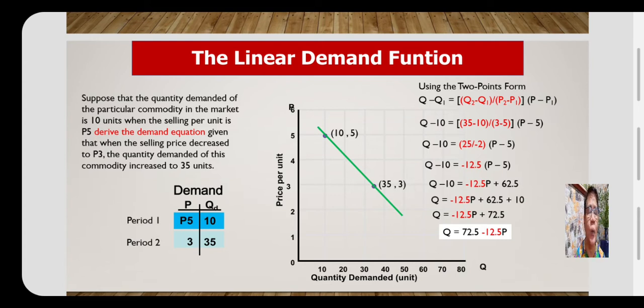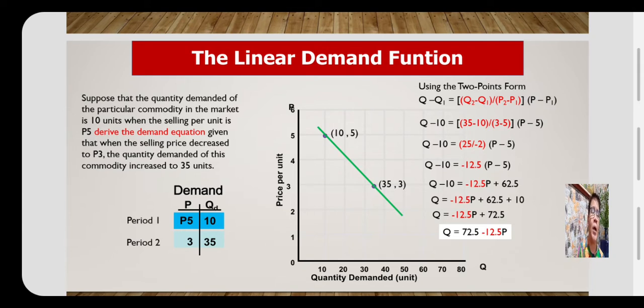Now, if we arrange the terms so that the Q and the P variables can be found on both ends of the given equation, then we can have the equation in the form of the slope-intercept form. Q is equal to 72.5 minus 12.5P.